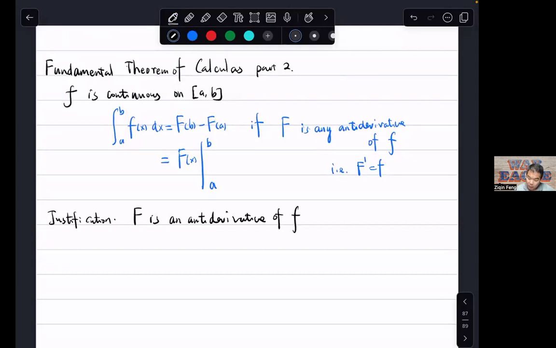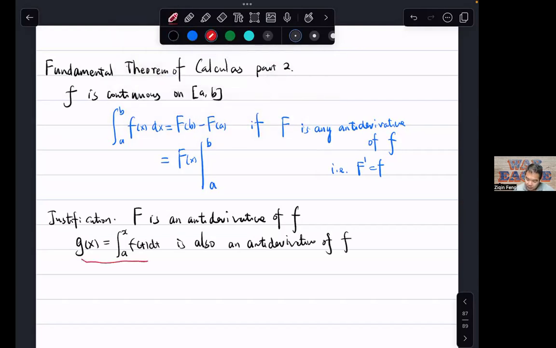And remember, we have a function g of x equal to the integral from a to x of f of t dt. This is also an antiderivative of f. So this function and this function share the same derivative.